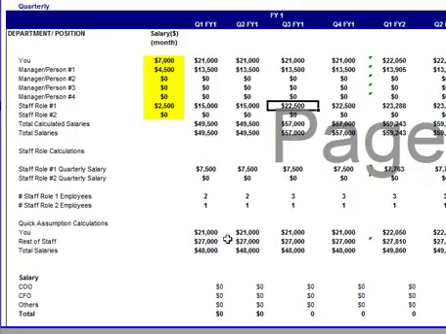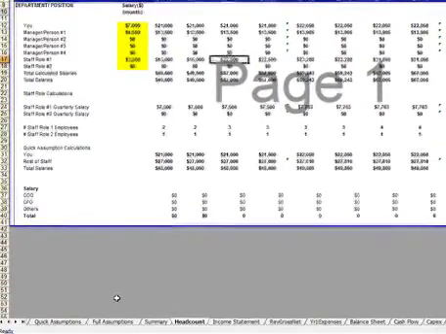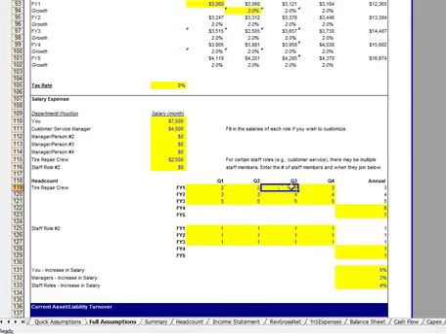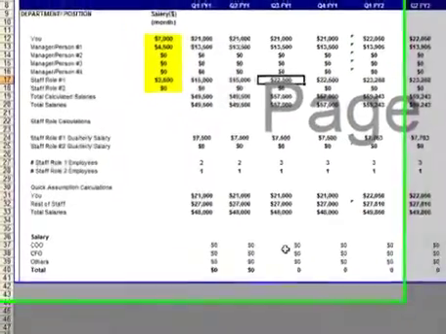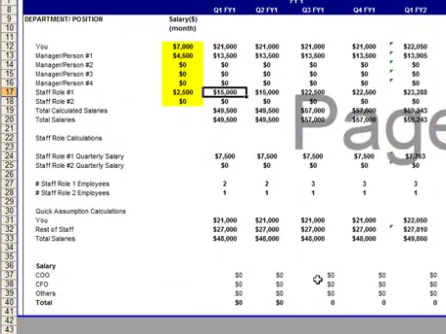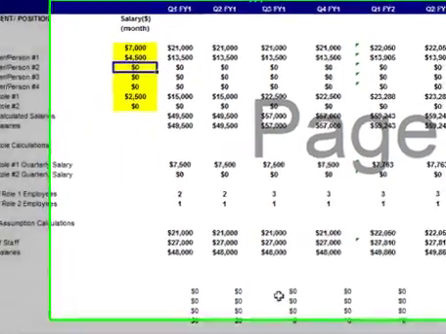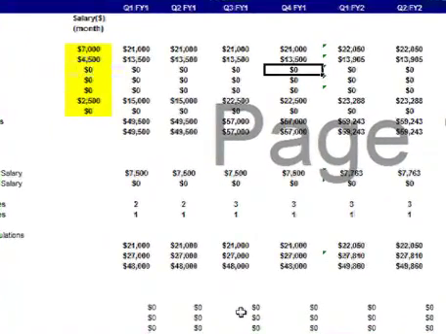You may remember in Q3, we added a person. In full assumptions, Q3, we went from 2 people on the crew to 3 people. That's why our expense went up from $15,000 to $22,500, etc. And that's what we're calculating here. We're calculating the salaries and the staff here. You might want to add somebody else and add in a monthly salary here and further customize.